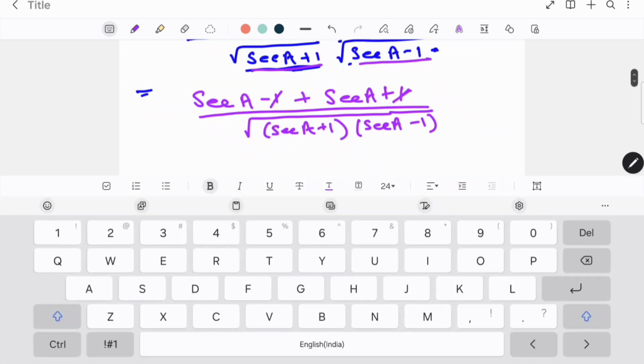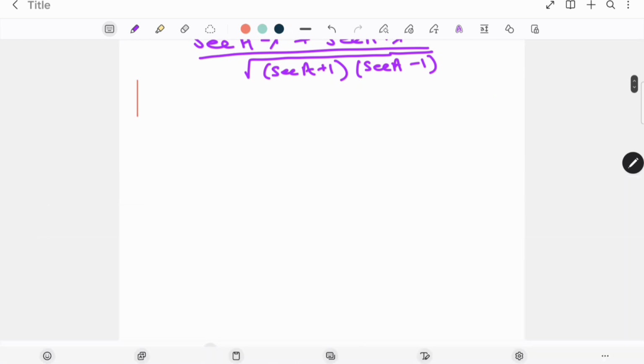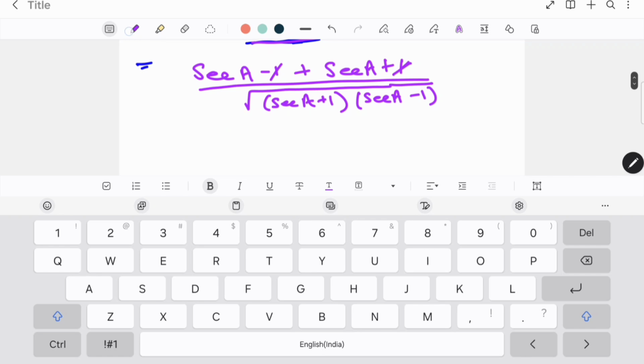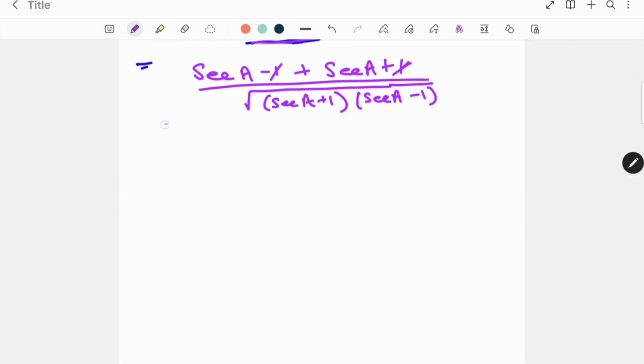Now in the next step, what we are going to do: this sec A and this one will make it 2 times, and down the (a plus b)(a minus b) formula, so a square minus b square.